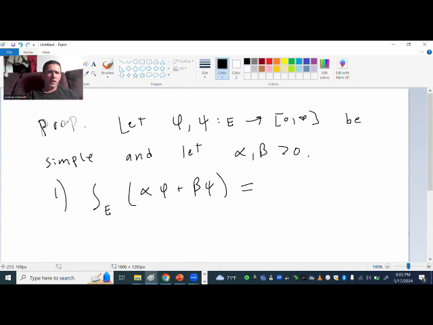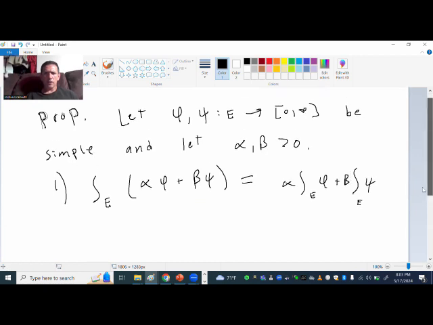So I just like to always make it clear what I'm integrating with respect to. But anyway, I'm not going to write it, but this means by induction that this holds for any finite number of simple functions.